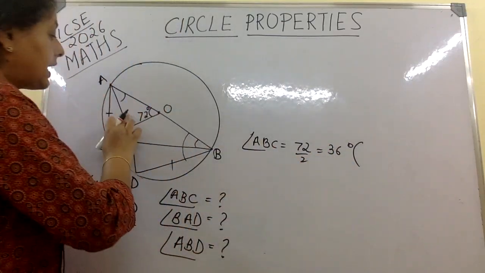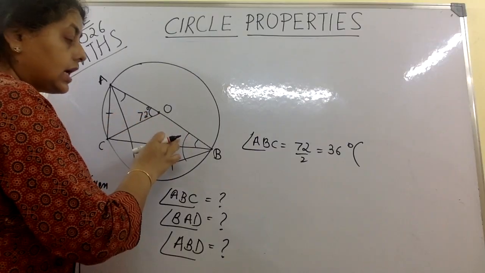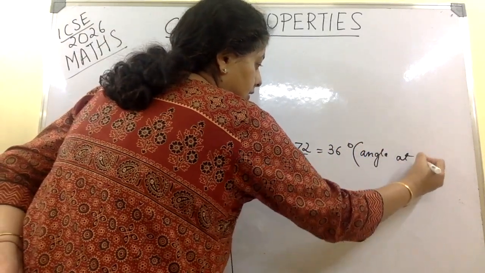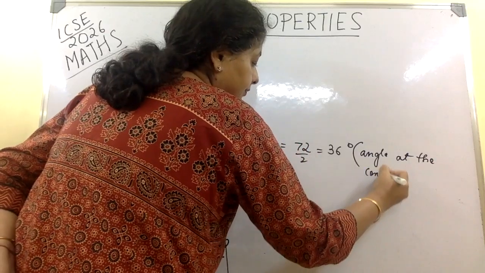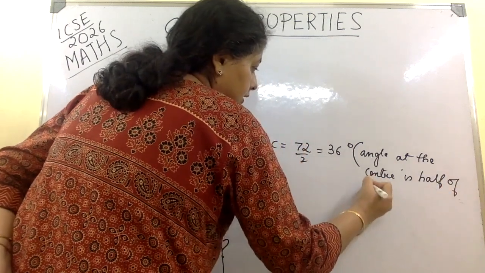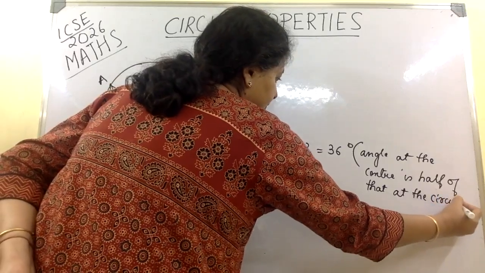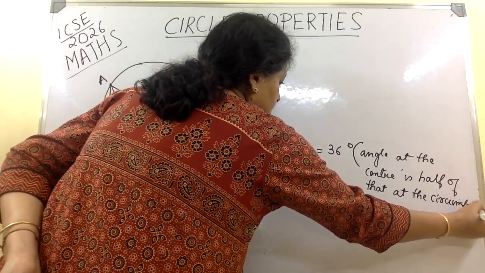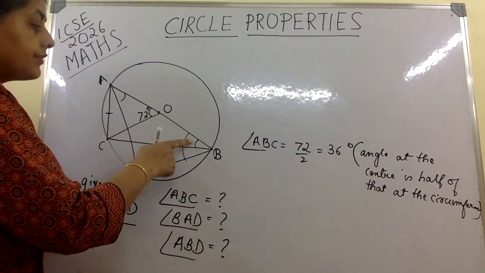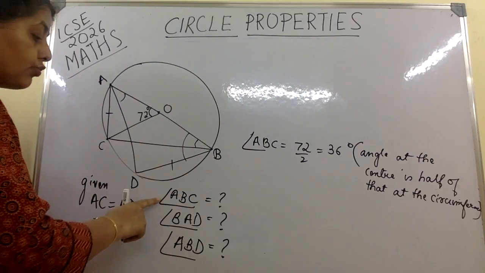This is the property that we are using: angle at the center is half of that at the circumference, when it is held up by the same chord. So we got one angle.